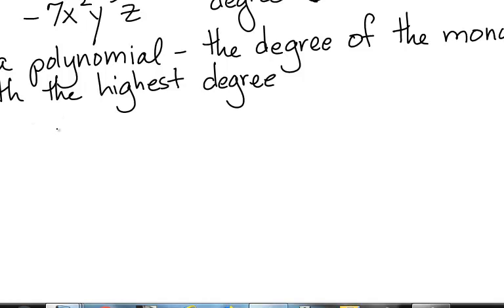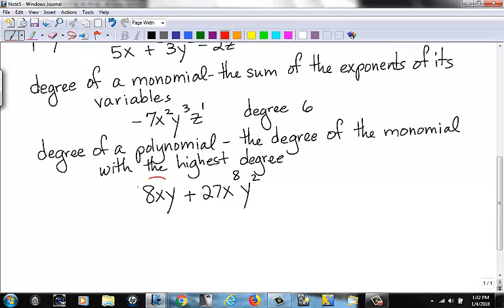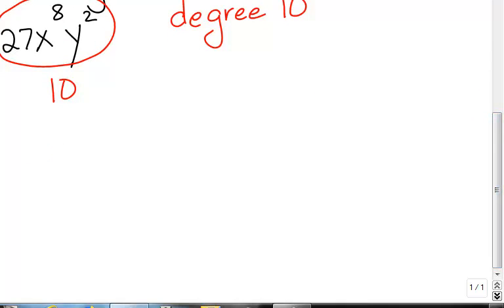So if I had an example 8xy plus 27x to the 8th y to the second. Okay, I would first figure out the degree of this one would be 2. The degree of this one would be 10. So the highest of those is 10. So this degree is 10. So on a polynomial, you take the degree of each term and then choose the highest one overall. Okay?